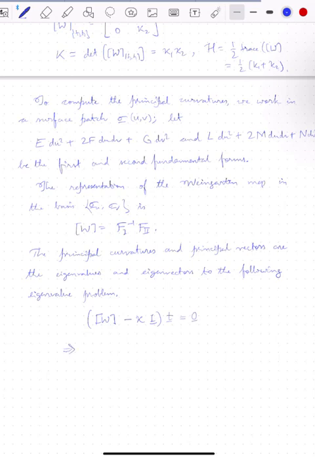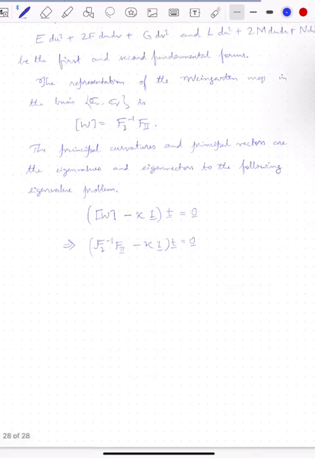So this would effectively be F1 inverse F2 minus kappa I, times T vector, is equal to 0. So the eigenvalues are the roots of the following equation.